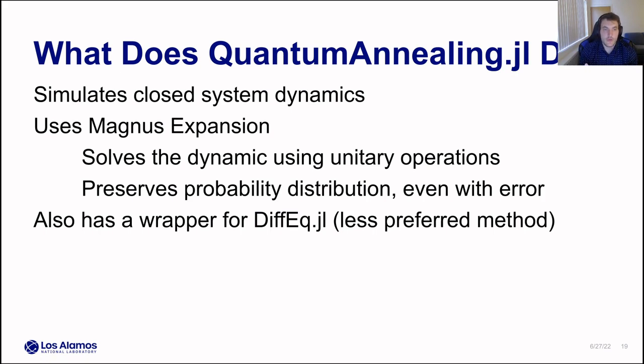We also include a wrapper for DifferentialEquations.jl, but we don't quite prefer this method as much because if you don't have your tolerances set to be low enough, you can end up having issues where you do your anneal, and then at the final state, you're no longer actually in a probability distribution, which can have some really nasty effects on some of the algorithms that you might want to run to evaluate your final quantum system.